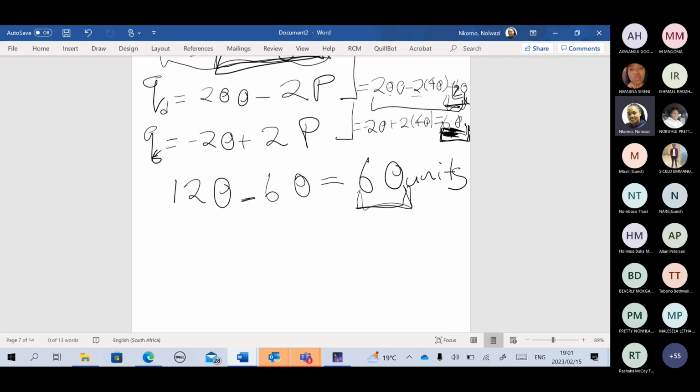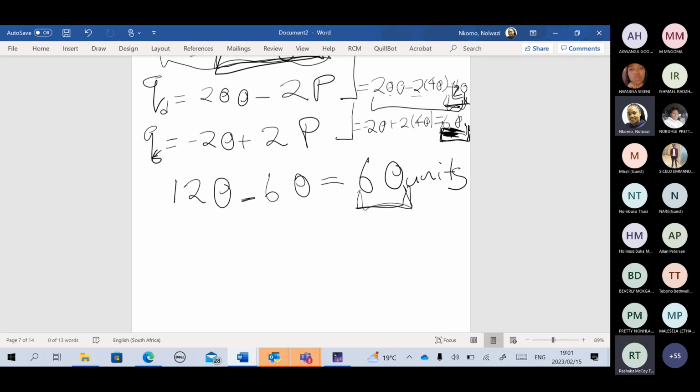Okay, but now we need to calculate the price the consumers are willing to pay for these 60 units, if these are available in the market. Because we said we are short by 60 units in the market.